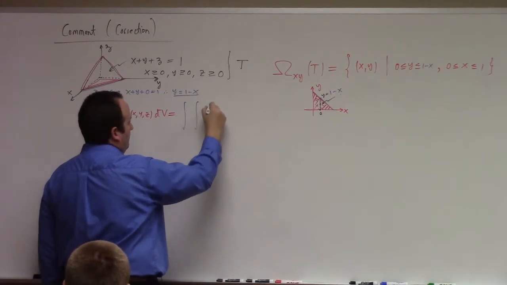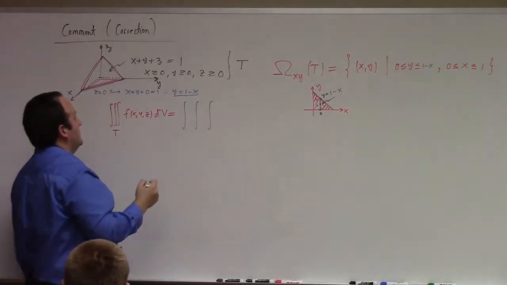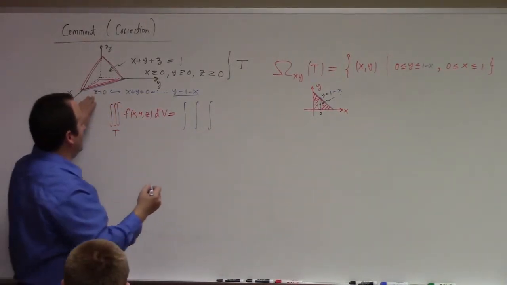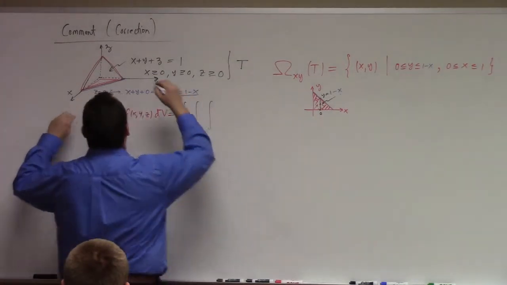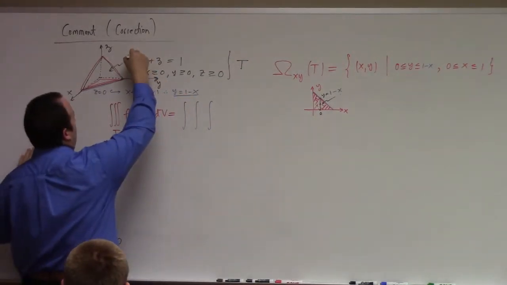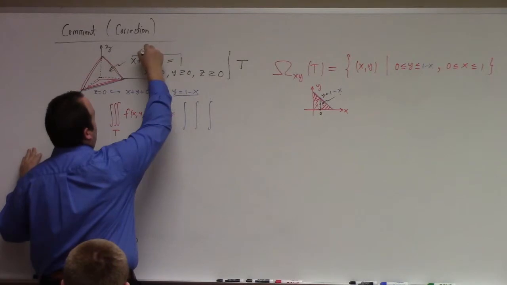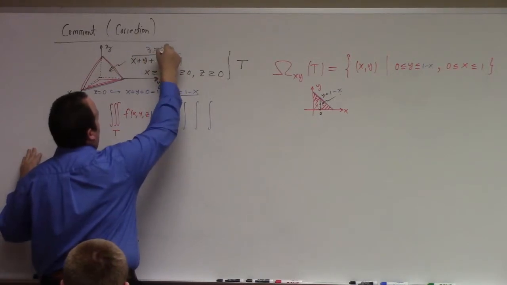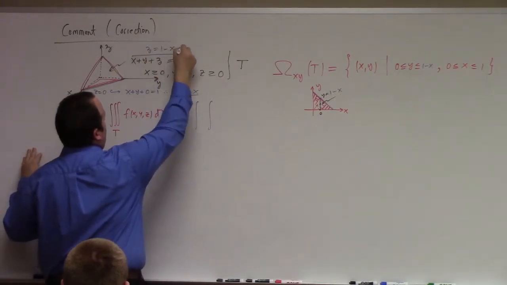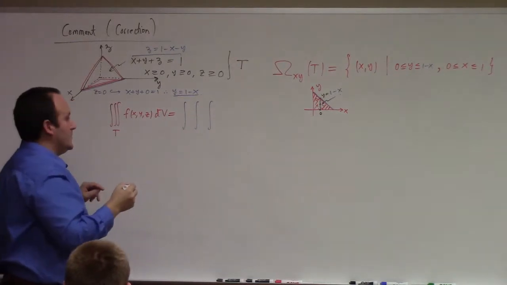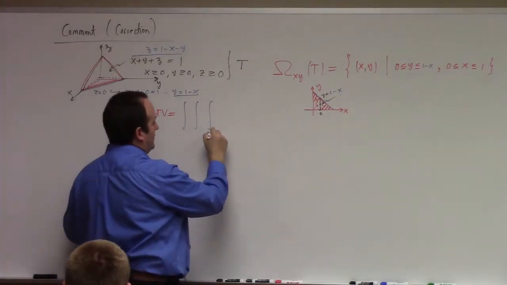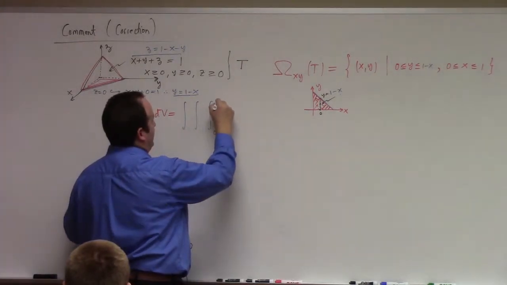Let's see here. The most complicated one is the one that comes first. This top is what? z equals what? 1 minus x minus y. So I go from 0 to 1 minus x minus y.